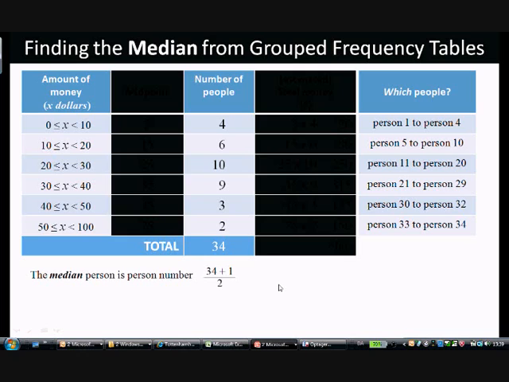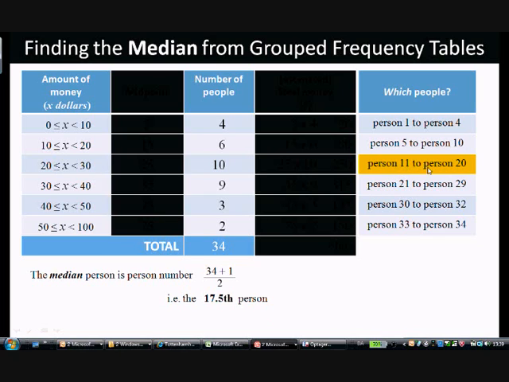Now remember that little formula we had, n plus 1 over 2. So to find out which person the middle one is, you just go 34 plus 1 divided by 2. So the middle person is person number that, which is person number 17.5. Now, where is person number 17.5?